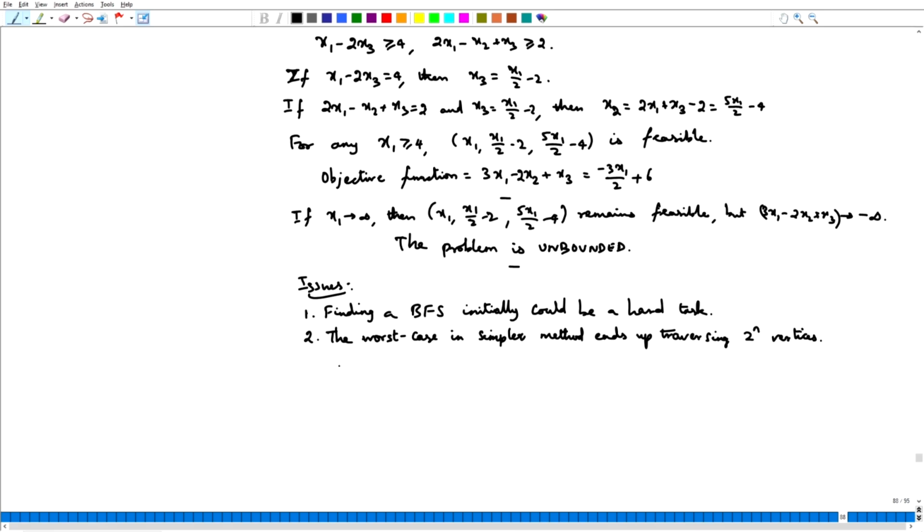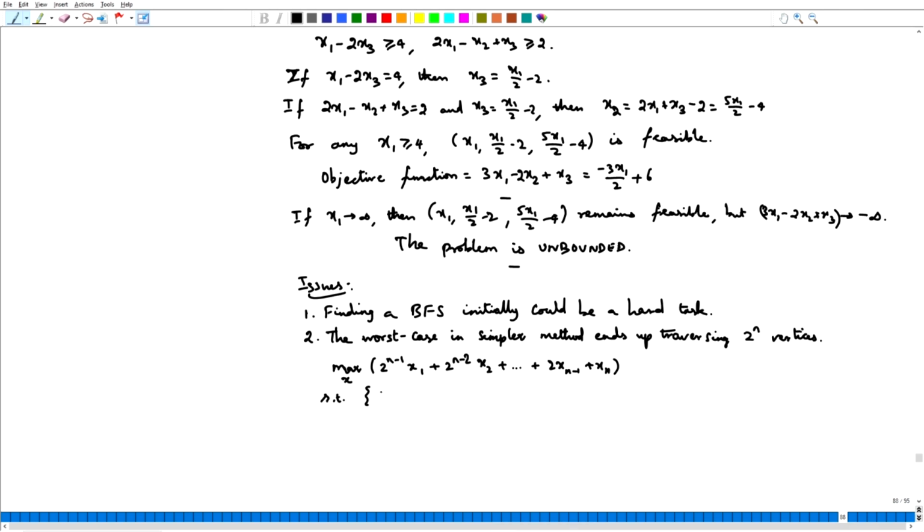The problem is as follows: you are going to maximize 2 power n minus 1 x 1 plus 2 power n minus 2 x 2 plus dot dot dot 2 x n minus 1 plus x n. So, this is the objective function that you are going to maximize subject to n constraints.